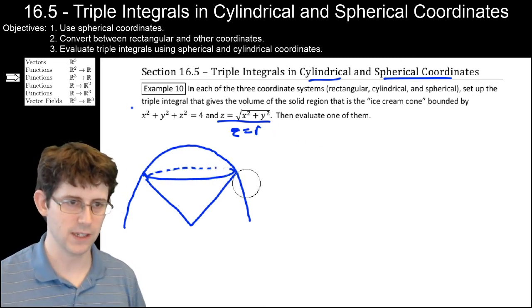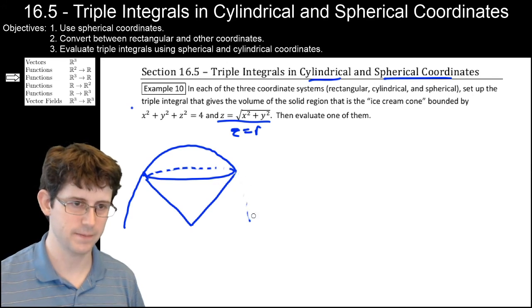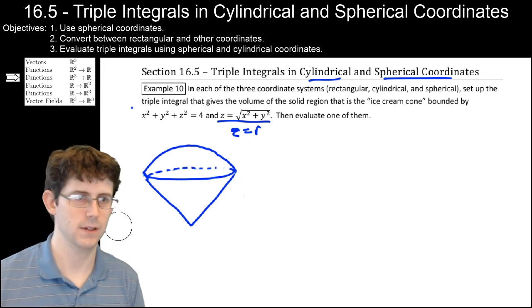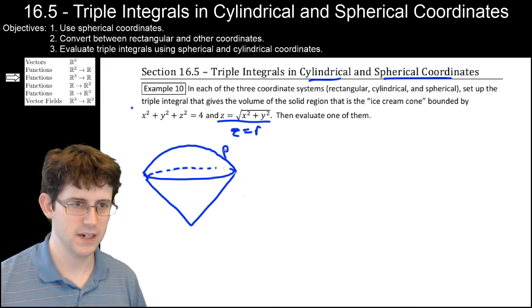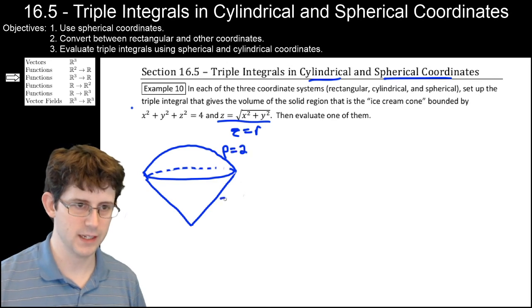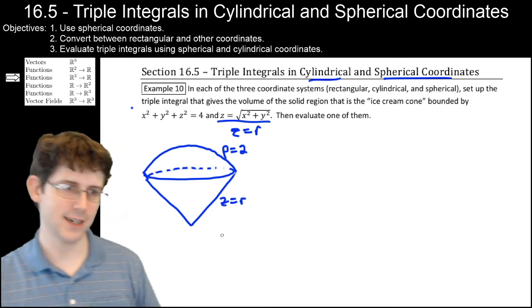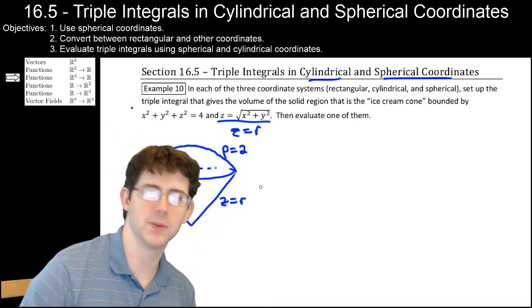So the shape that we're looking at here is this one. This is the sphere of radius 2. This is the cone z equals r. And I'm mixing up all the different coordinates here, and it doesn't matter, it's fine. We'll deal with it as we go.